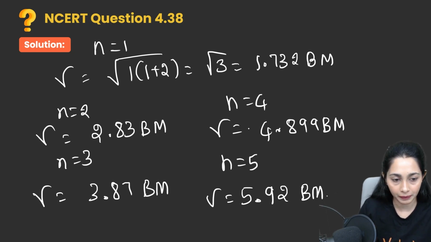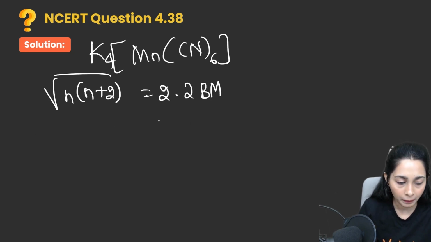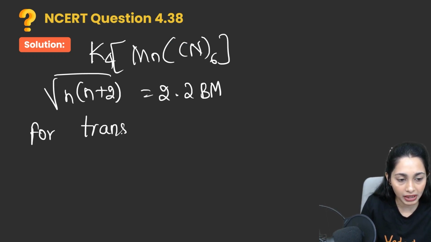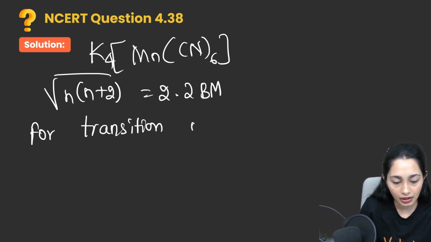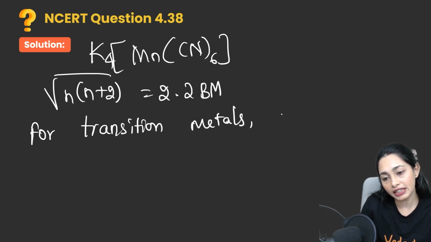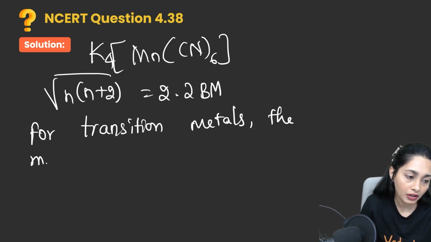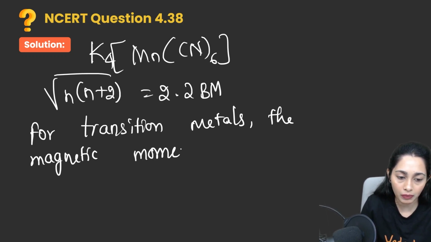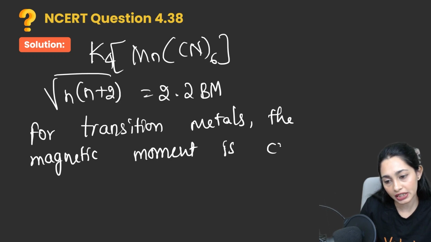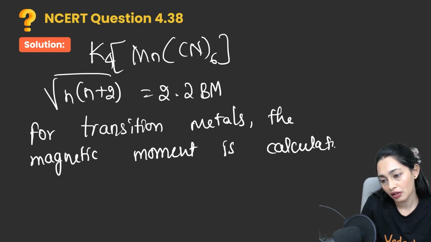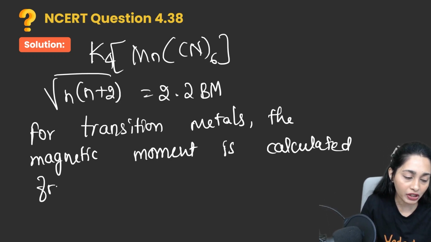For transition metals, the magnetic moment is calculated from the spin only formula.